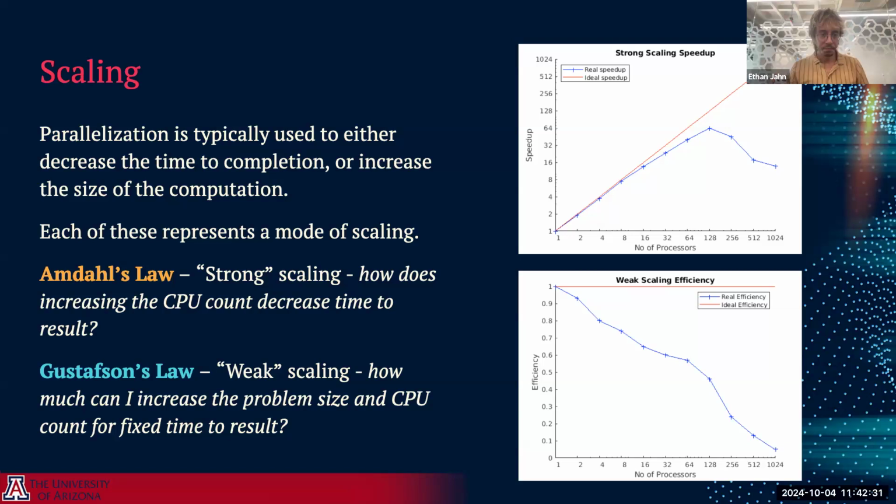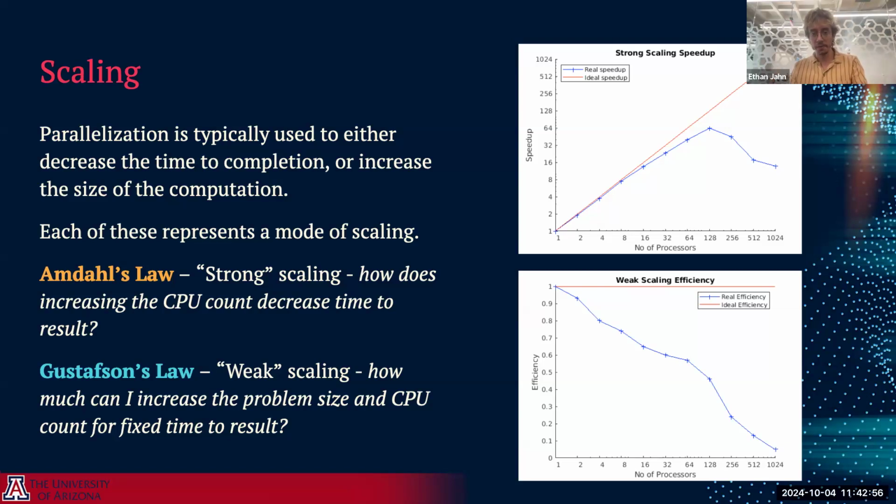Typically, if I have a particular problem that I want to solve and I increase the number of processors, the idea is that the time to execution would decrease. That would be something called Amdahl's law or strong scaling. So how does increasing the CPU count decrease the time to the results?